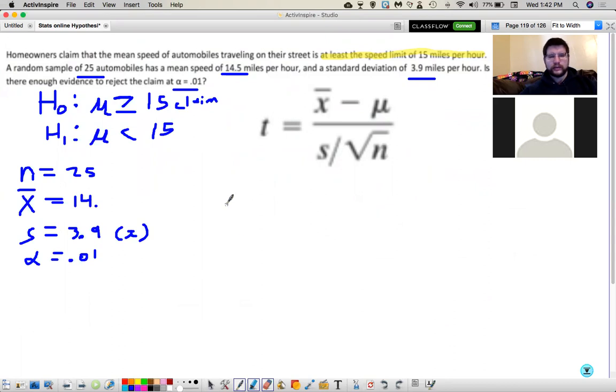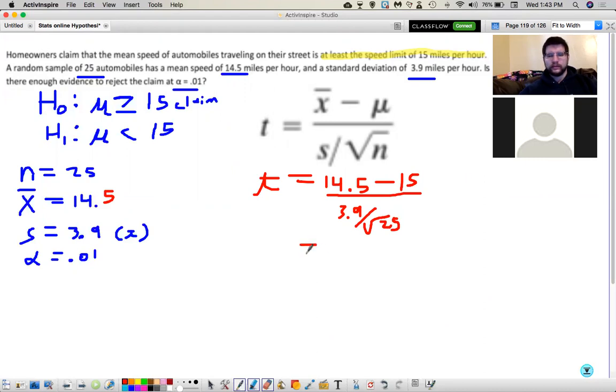So same process. Let me change the color. X bar, oops, for some reason I didn't put 0.5. 14.5 minus 15, S 3.9 divided by square root of 25.